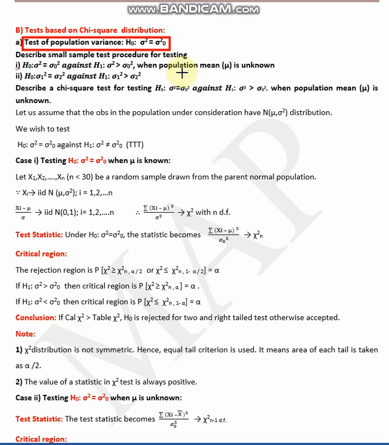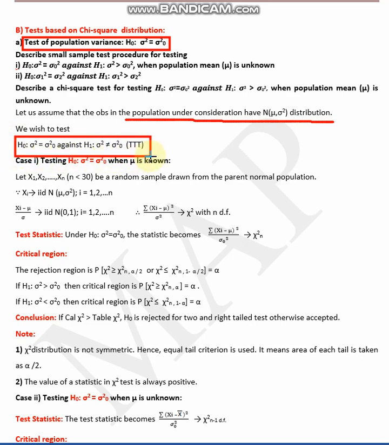So my null hypothesis in this case is sigma square equal to some specified value of population variance, that is sigma naught square. The population under consideration is normal with mean mu and variance sigma square, and I want to test my hypothesis with a two-tailed test.